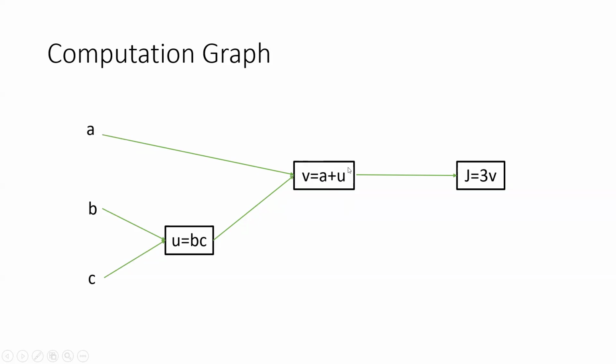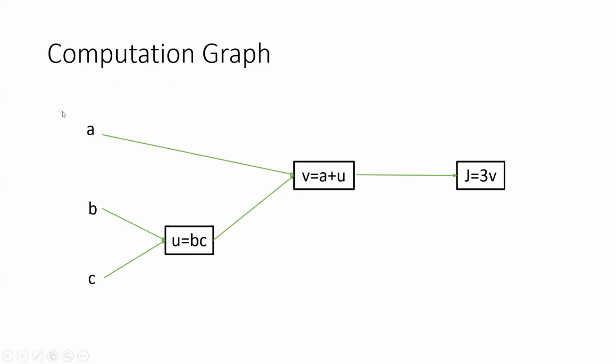Then we multiply the v variable by 3, and then you get the j variable. So we wanted to explain j with a, b, and c, but because it is a bit complex, we have used these computation graphs and introduced intermediate variables like v and u so that we can simplify the computation process.